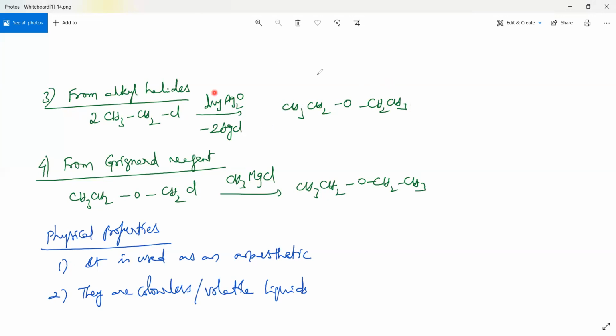For your understanding, this can be written like this: CH3CH2Cl. This dry silver oxide is Ag2O.